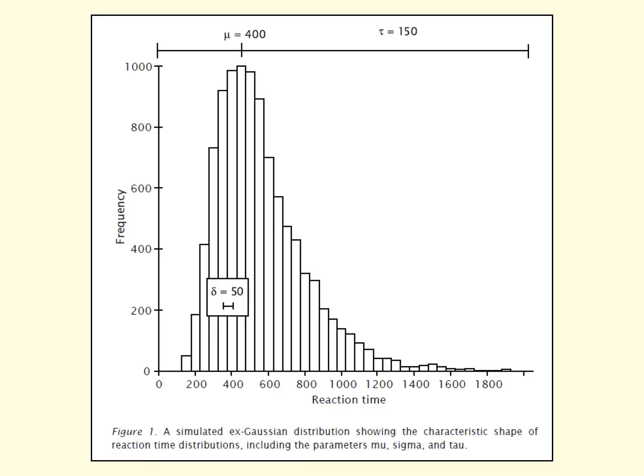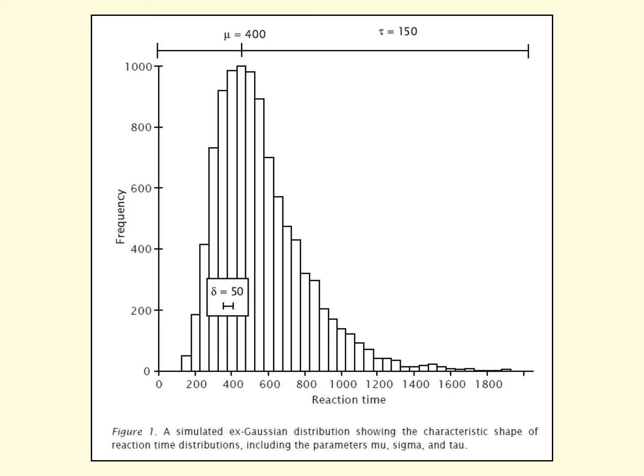In fact, the distributions you see might look something like this. This is called an ex-Gaussian distribution. It looks a little bit like a normal or Gaussian distribution, but it tails out or skews to the right, to the positive direction, meaning that for the most part, people tend to react quickly to whatever the stimulus is.